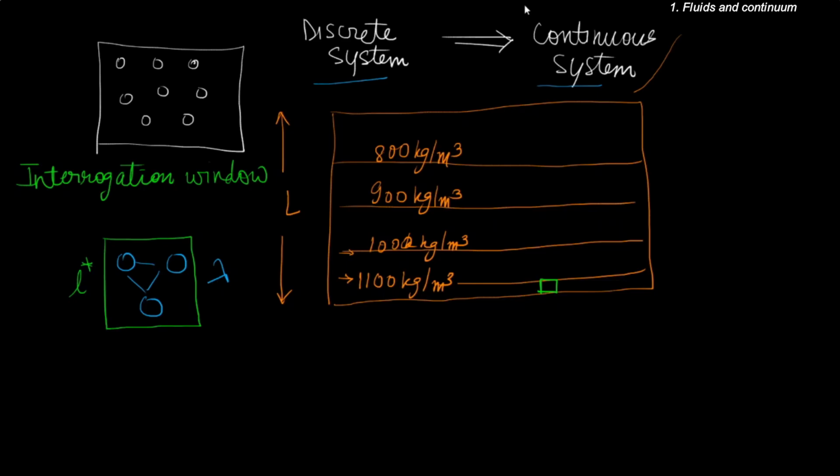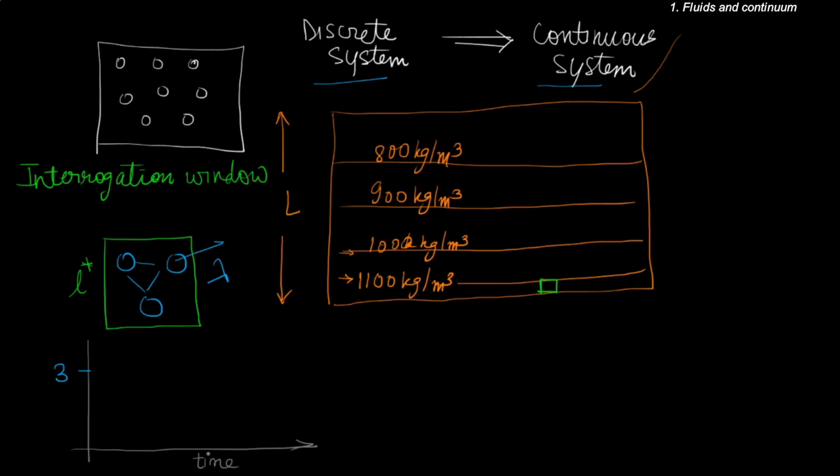So now if I want to plot the density of this particular interrogation window over time, what will I have? I will see that initially there are three, so this is 3 molecules per unit volume.